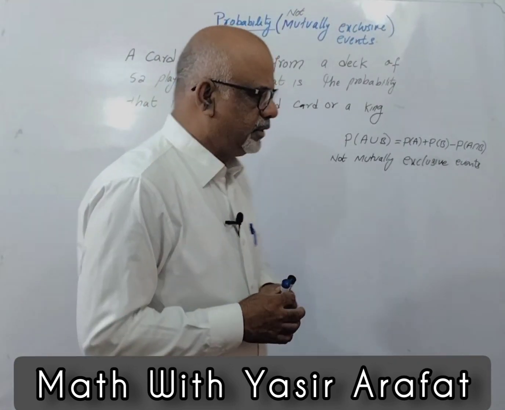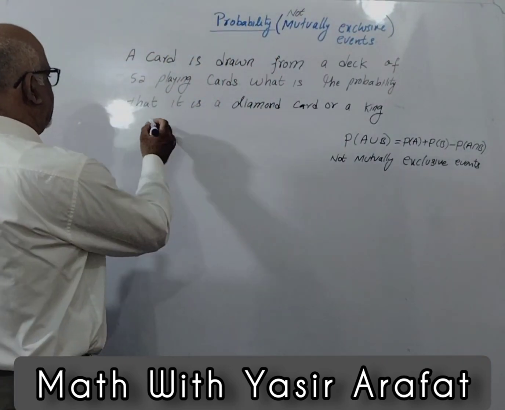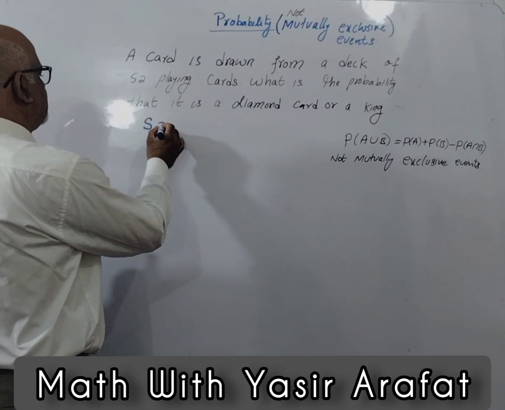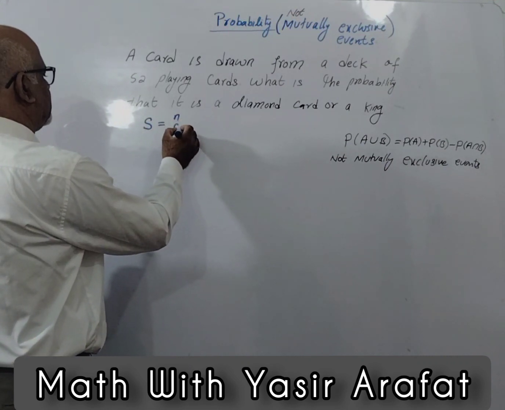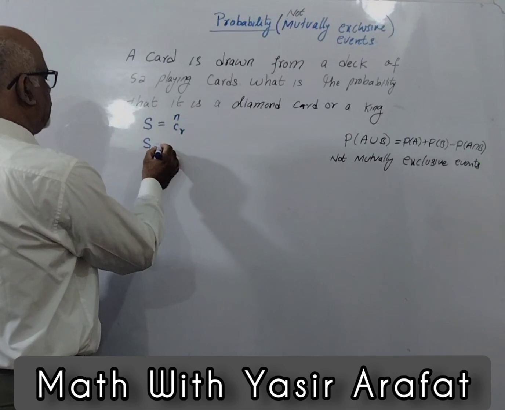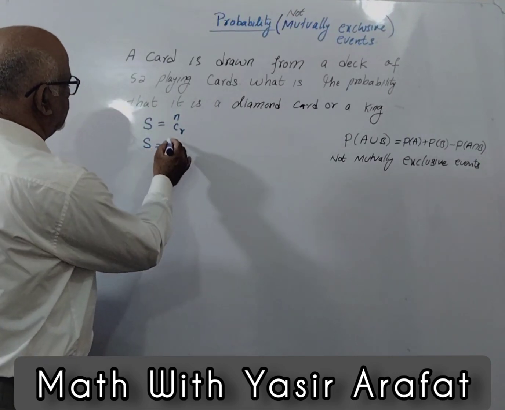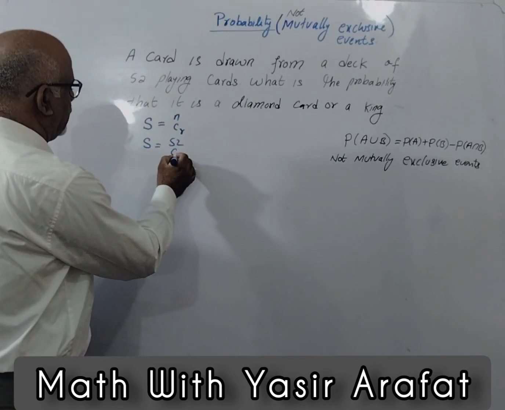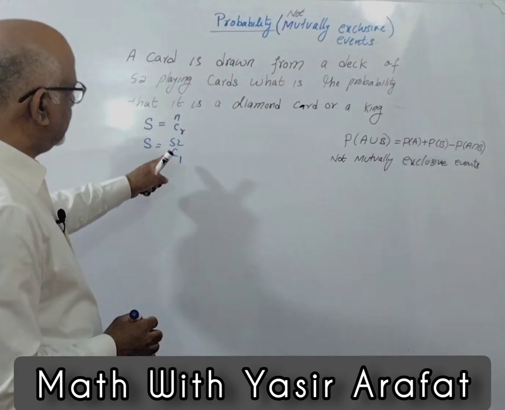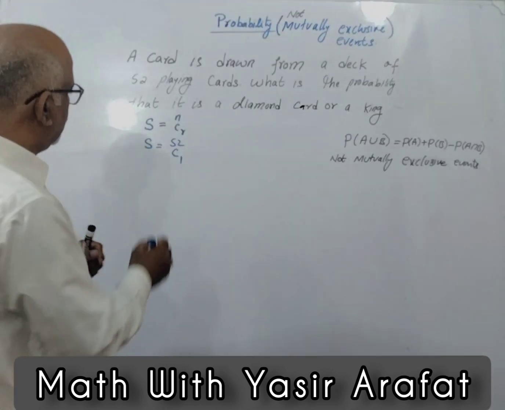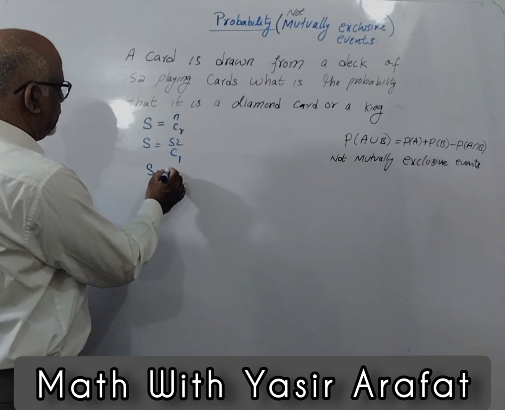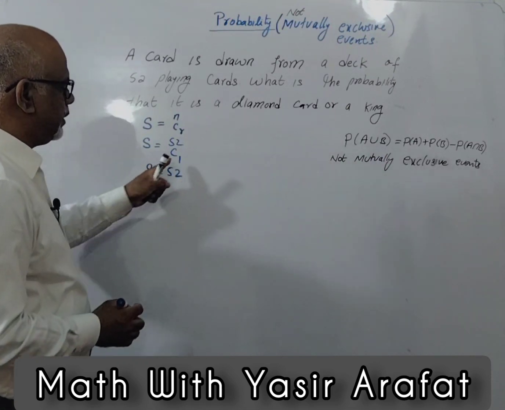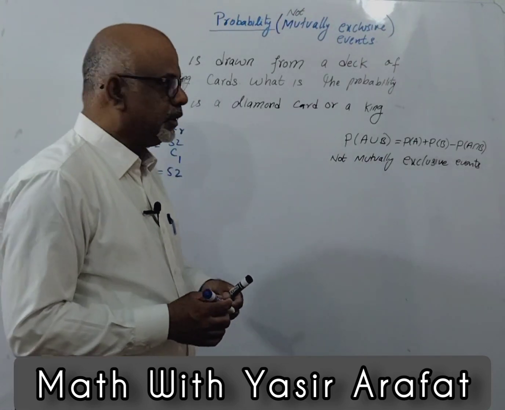So you must watch that video also. Now here, sample space and combination r. So total cards here 52, and one card we are going to draw here. So this is r equals 1. So this is 52 combination 1, that is 52.